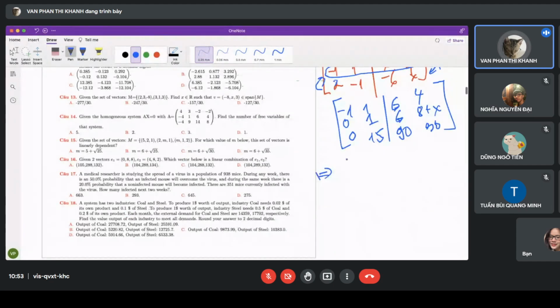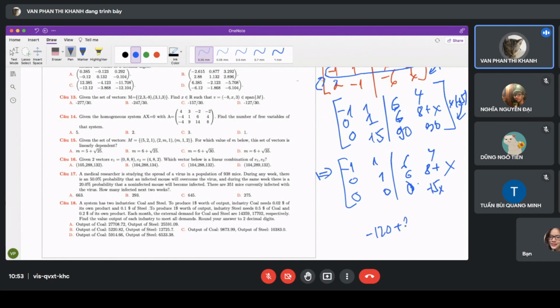So what we have here: minus 1, 1, 6, 4, 0, 1, 6, 8 plus x, and the last one, what is it? I multiplied by minus 15 and added to this row. So what do you obtain? Minus 15x and what? Minus 120 plus 30, to get 90, right?